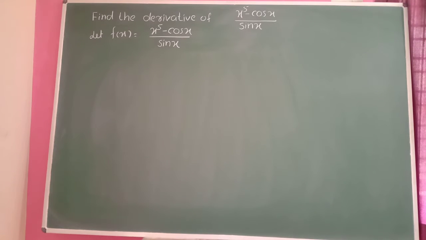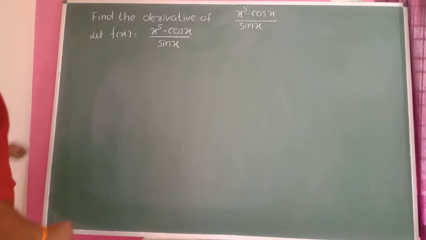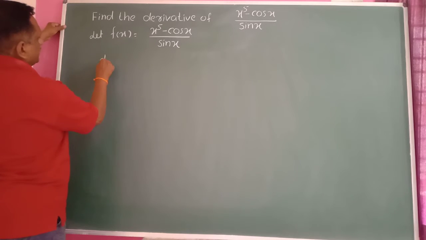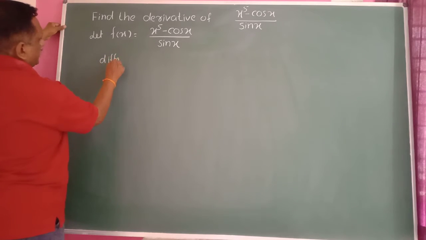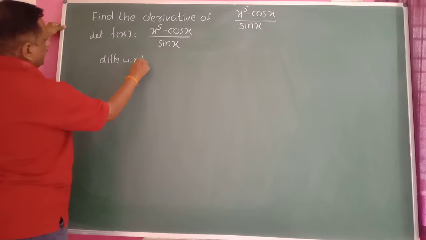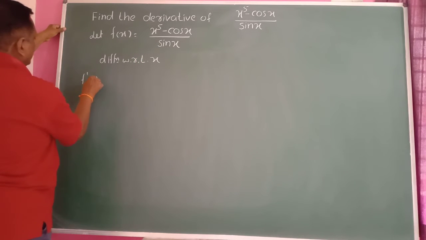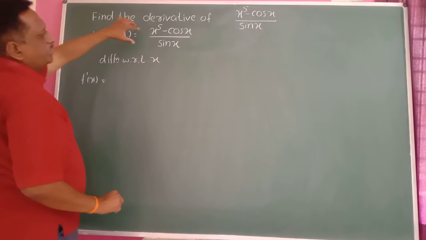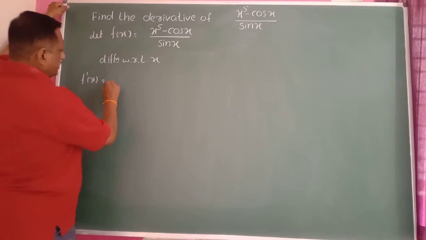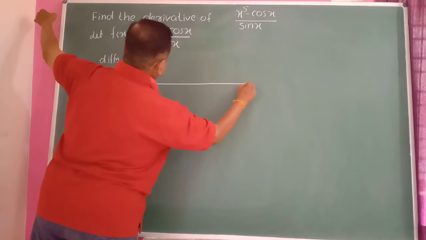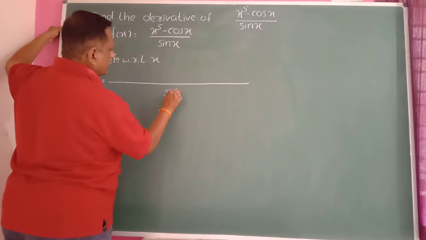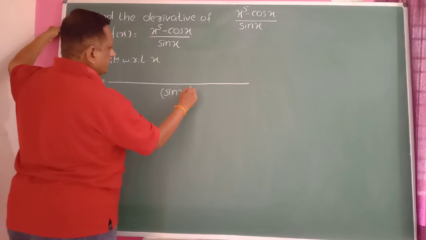Okay, find the derivative of x raised to 5 minus cos x divided by sin x. Differentiating with respect to x, f dash of x is equal to, use the quotient formula, denominator term square, so sin x whole square.